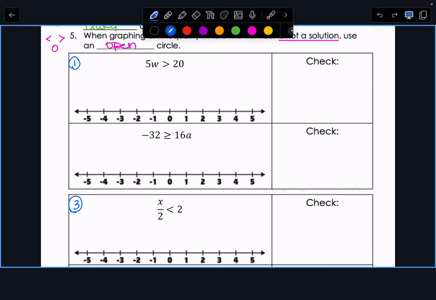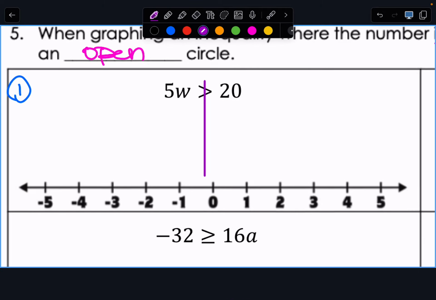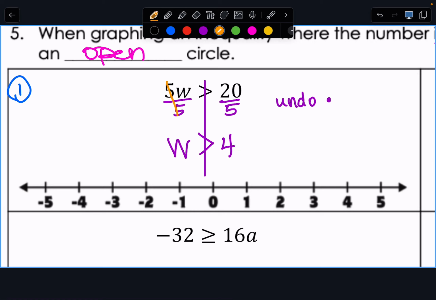Okay, Landon S. How is 5 tied to W in number 1? We need to undo multiplication. How did you undo your multiplication? Landon divided both sides by 5 so that he got W is greater than 4. Do you agree with Landon? Good, because he's right.